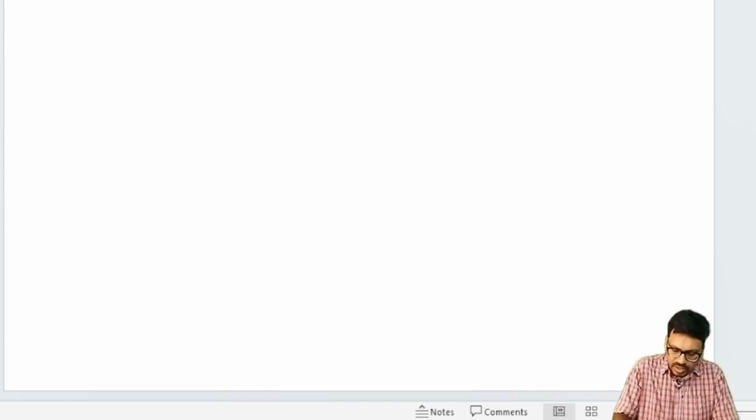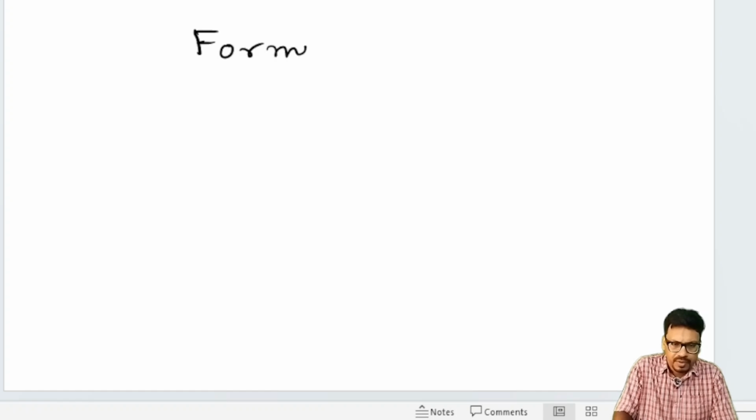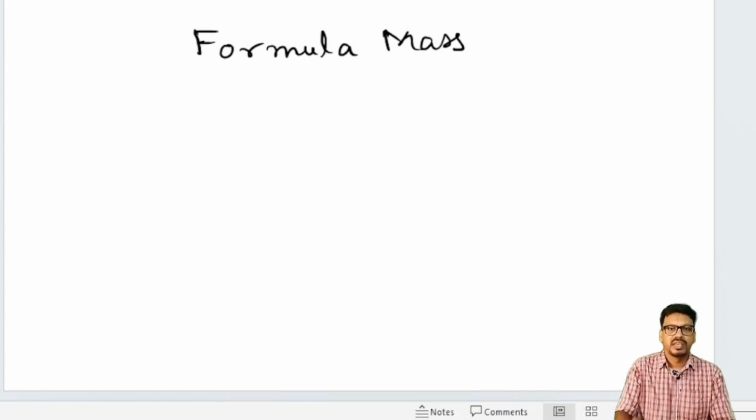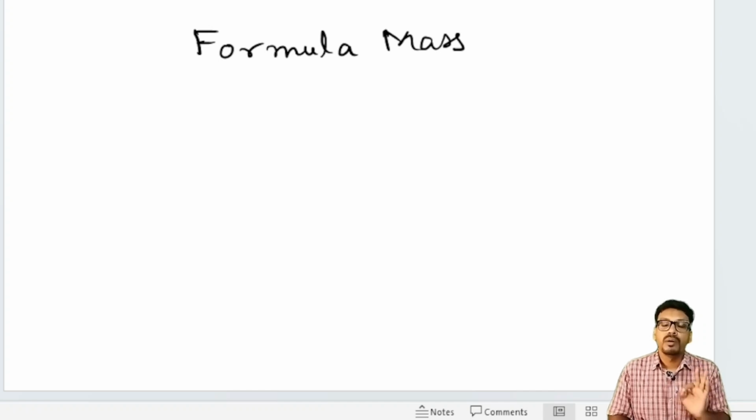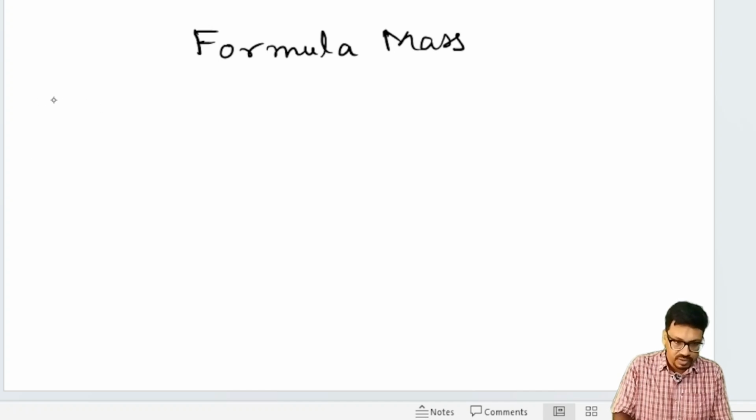The next one is formula mass. This is just like the molecular mass. Clear? But the term formula mass is used for the electrolyte, for the strong electrolyte. Okay?